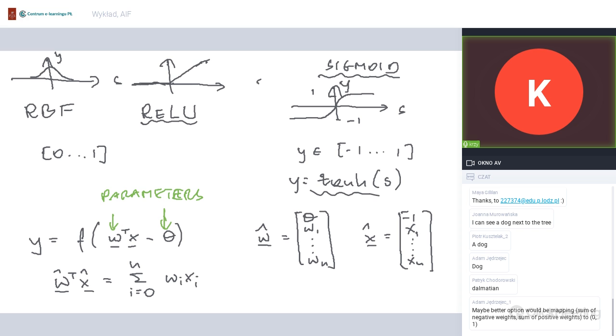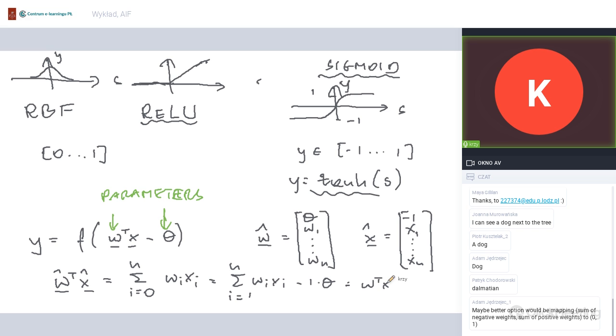So this sum of products of corresponding entries, I can convert into a sum that contains n elements, and the first product is -1 times theta, which is what we had before.